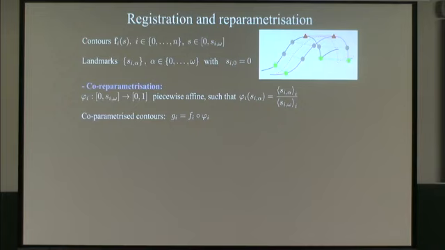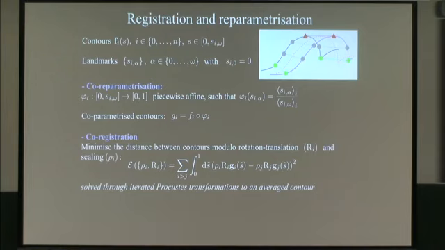If this landmark does not exist in a contour, it is not taken into account in the computation of the average. So the co-parametrized contours are the composition of this mapping and the vector field defined on the contour. After this, all contours are defined on a single interval, 0, 1, with all landmarks, when they exist, in correspondence to each other.